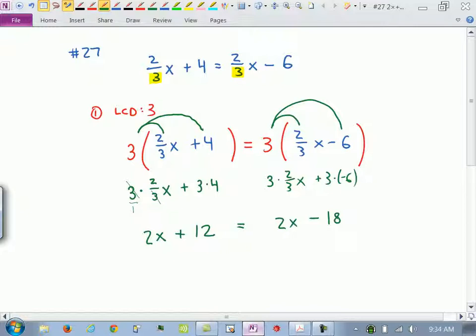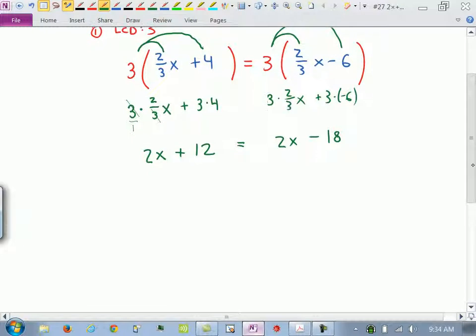What am I supposed to do now after I clear fractions? Combine like terms. Do we have any like terms on the left or on the right? No? Right? On the left side, can't put anything together. Right side can't put anything together. So what would I do next? Get the variables to one side. So let me see. I have variables on both sides, 2x and 2x. So we get to choose which side.